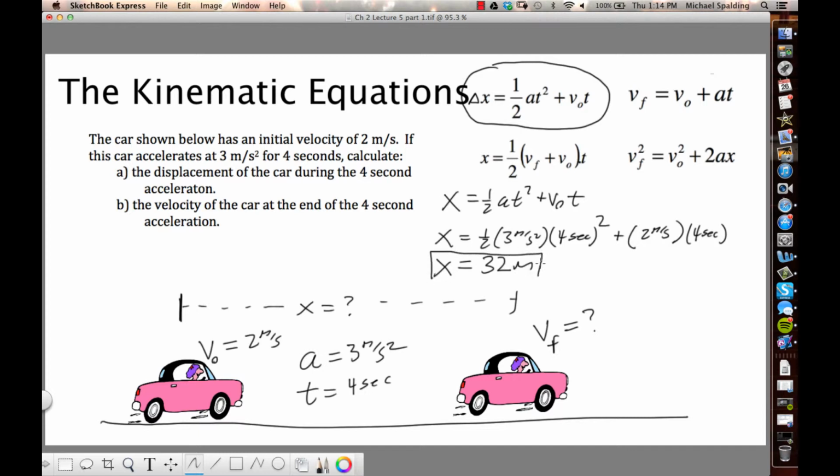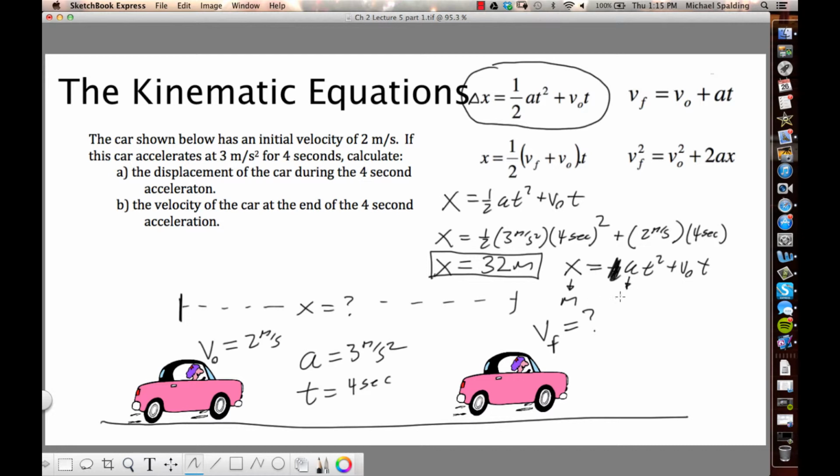Now look, how do we get meters out of that? How does the final answer come out as meters? Let's just check the units. Somebody asked that, and it was a really good question. So here's the equation: x equals 1/2 at squared plus v initial t. What should x come out in? Meters. Forget about the 1/2 because we're just checking the units.